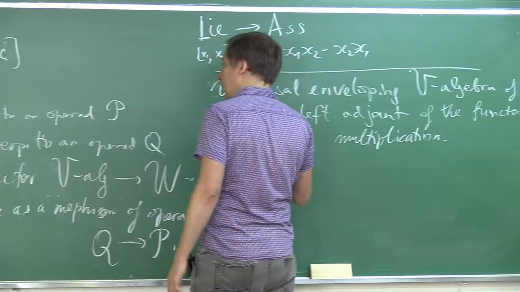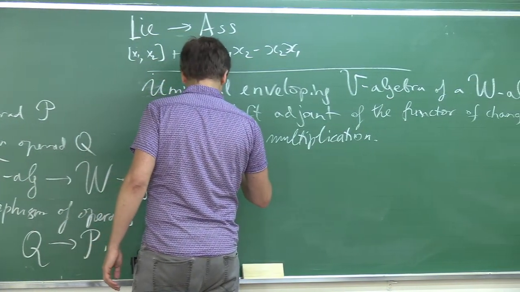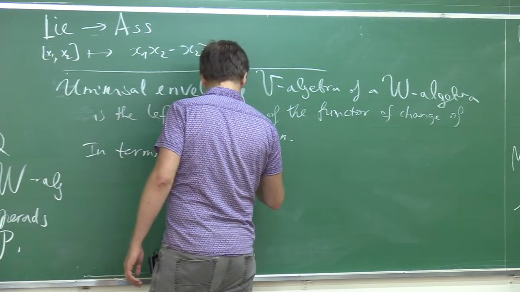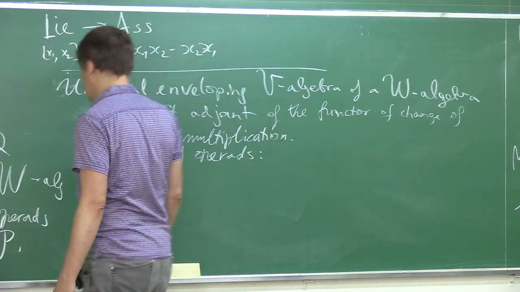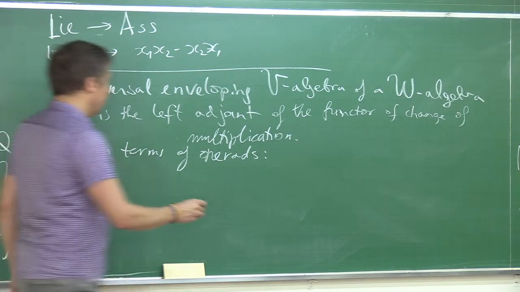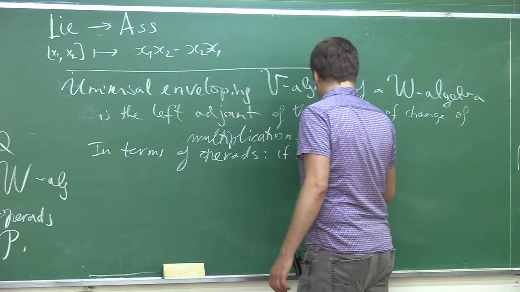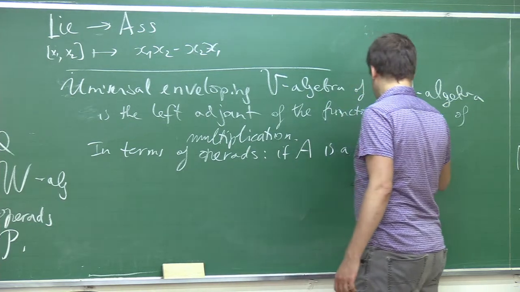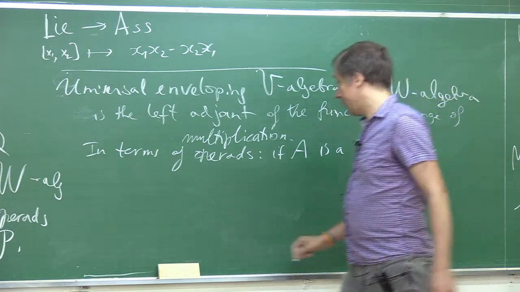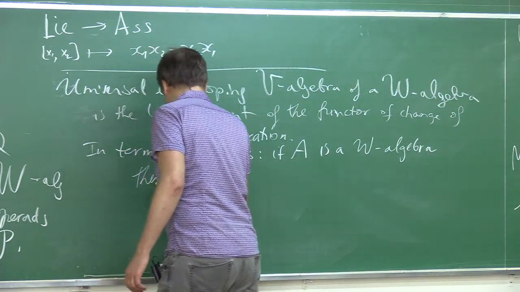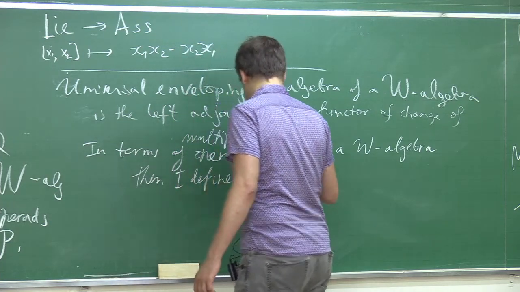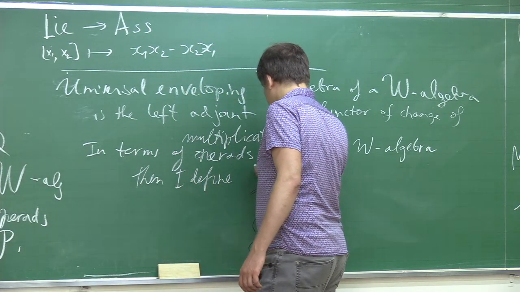So in terms of operads, so we have a map of operads from Q to P, and then we're going to say the same thing the following way. So if A is a W algebra, then I define the species, let me call it epsilon A.